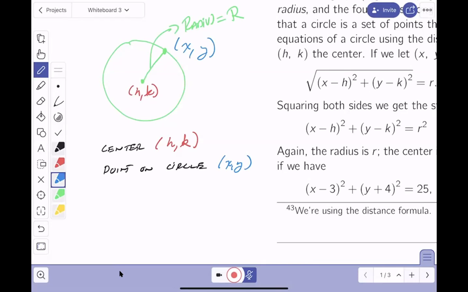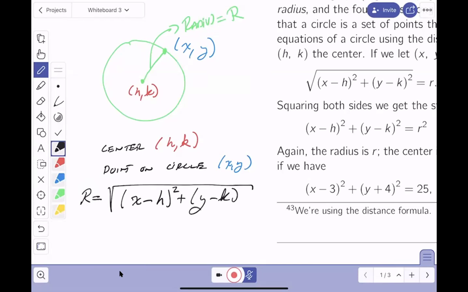So what's the distance equal to? The square root. Well, we've done distance before. It's going to be the square root of X minus H squared plus Y minus K squared, just using the distance formula.